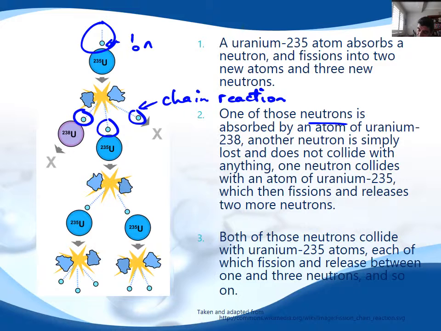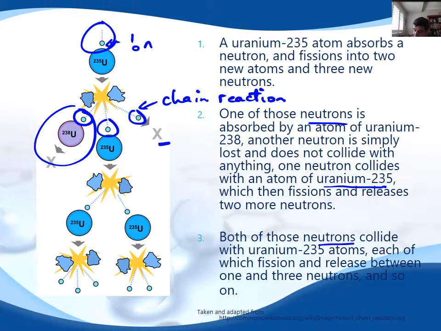One of the neutrons is absorbed by an atom of uranium-238, so this one over here. Another neutron is simply lost, disappearing usually into the control rods or the cooling fluids, which may include things like heavy water. And one collides with an atom of uranium-235, which then repeats the process. So this is our chain reaction.